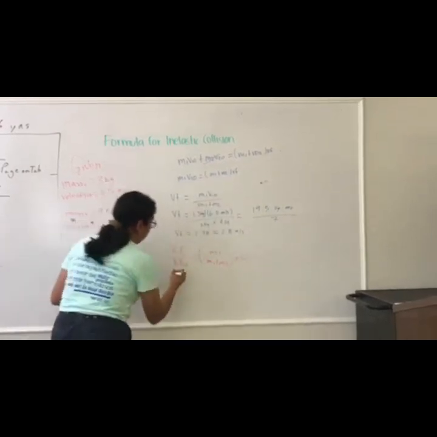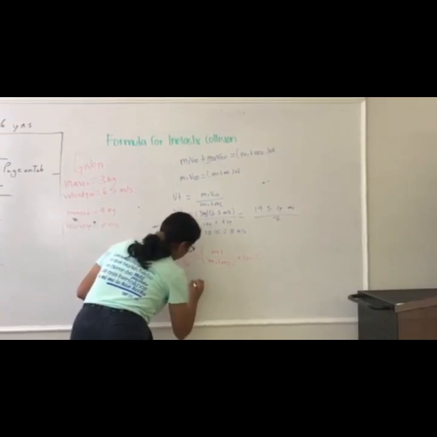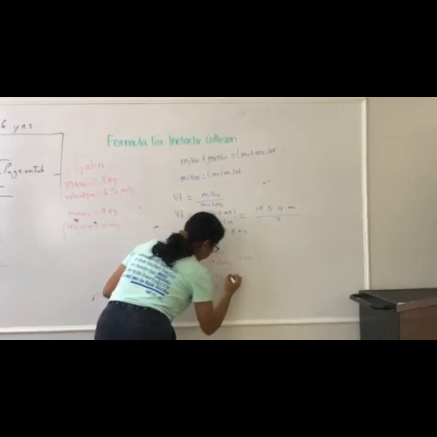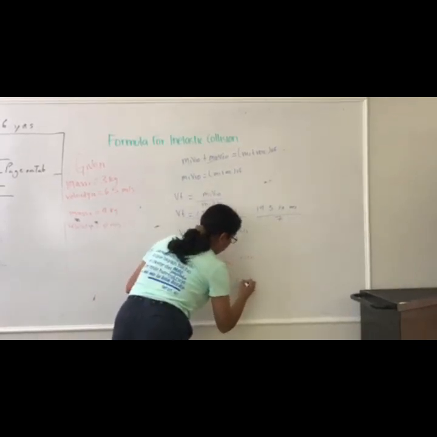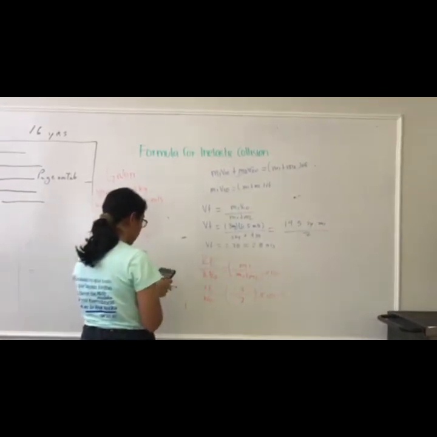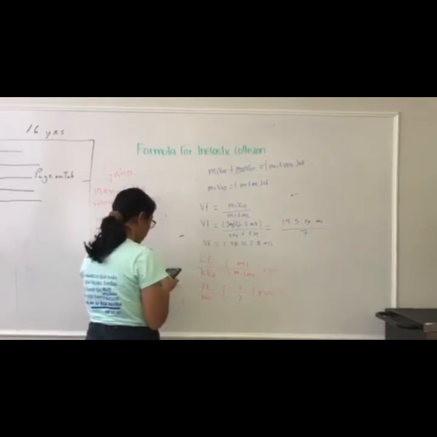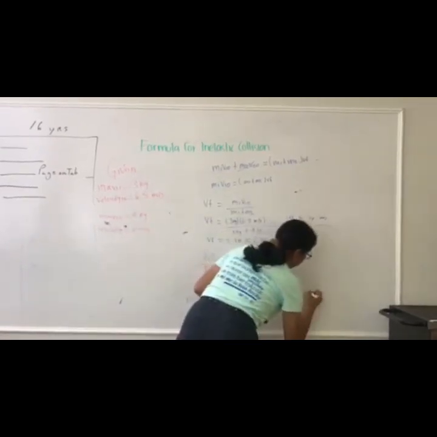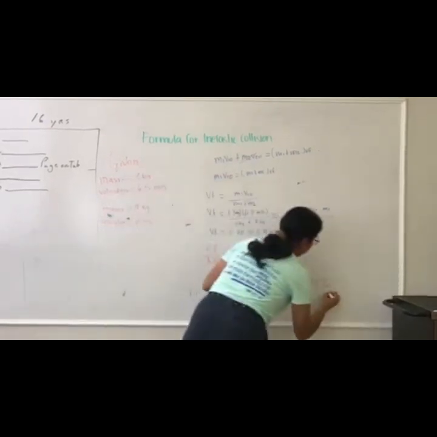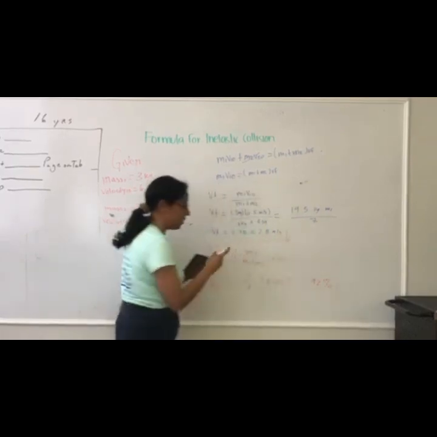We plug in the values: that is 3 over 7 times 100%, and we get 42%. And that is our final answer for this problem.